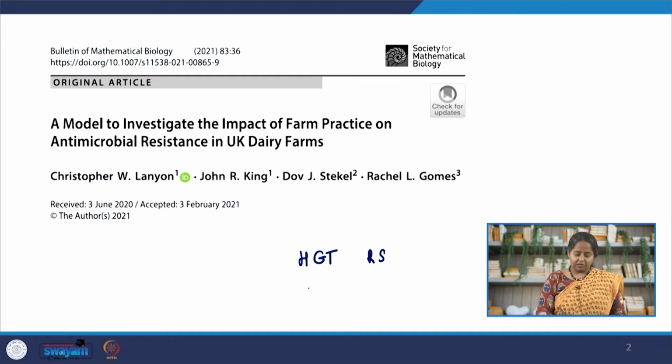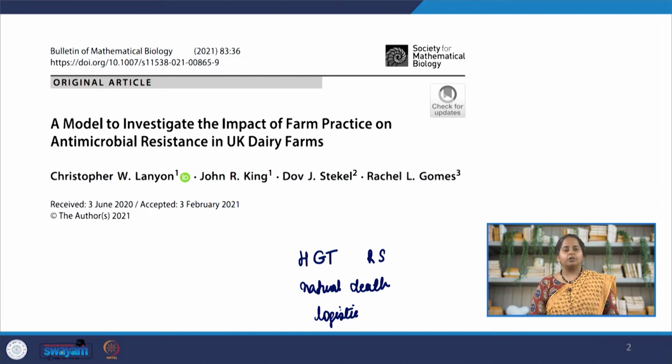The other thing is natural death of both sensitive and resistant microbes. We are also going to talk about the logistic growth of microbes, but it is going to be modified using a Hill function to account for the bactericidal, microbicidal activity of antimicrobials and antibiotics.